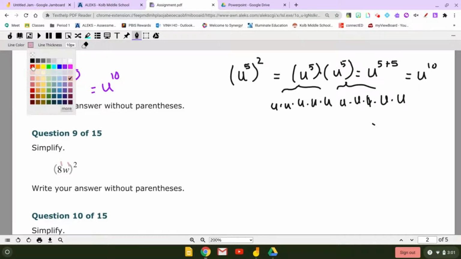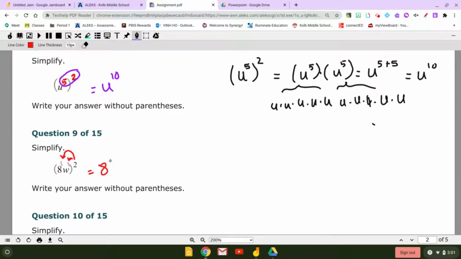So you have two elements. What you have to do is distribute the 2 into the parentheses. That will be 8 to the second power and w to the second power. 8 to the second power is 8 times 8, which is 64, w squared. And that's it.